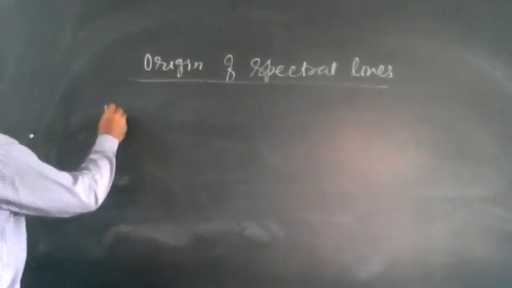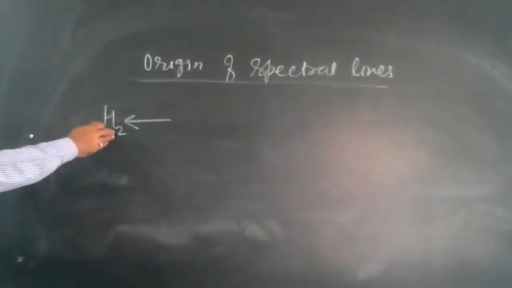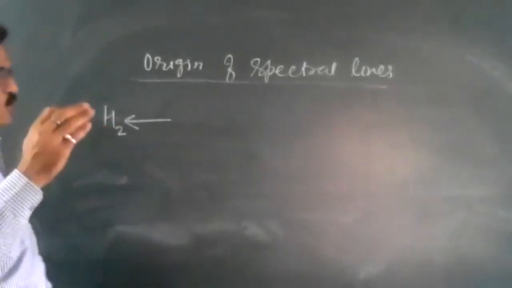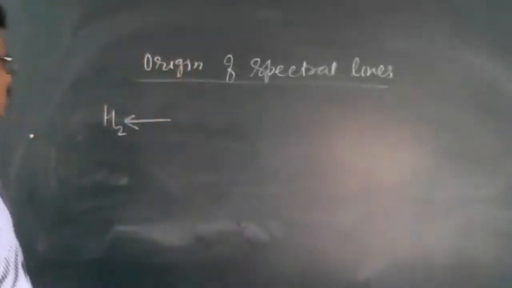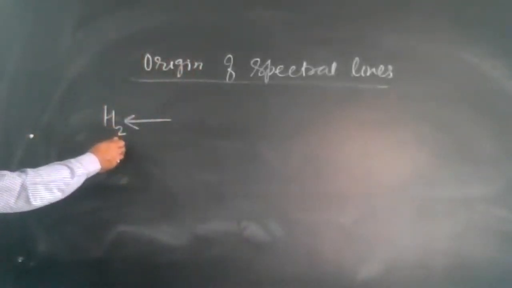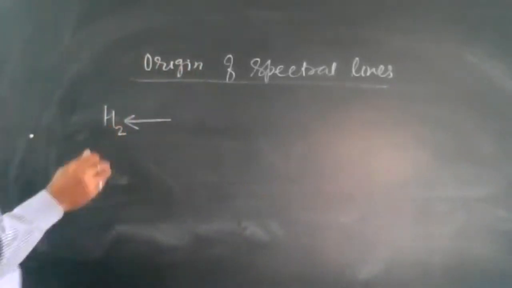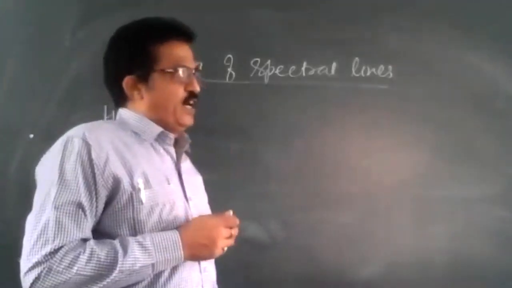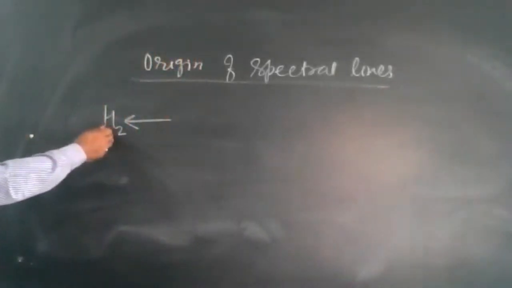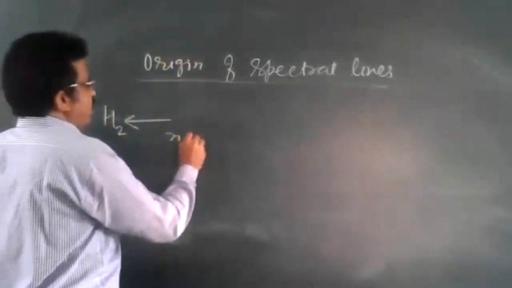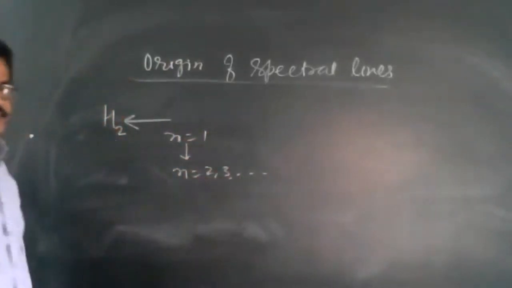When a hydrogen atom receives energy by a process such as electron collision or by heating, then I can say the atom acquires sufficient energy to raise the electron to a higher energy state, from n equal to 1 to n equal to 2, 3, 4 like this.